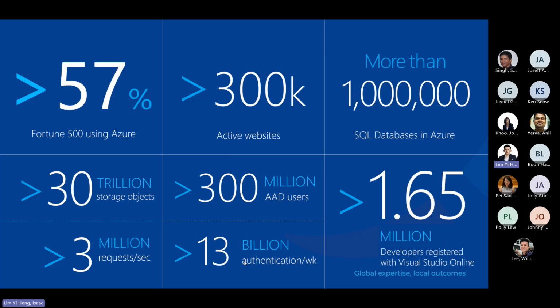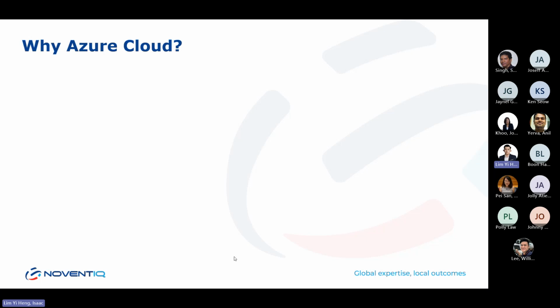Most importantly, there are more than 1 million SQL databases in Azure as well. Followed by 1.65 million developers registered with Visual Studio Online to do their test and development environments on cloud. So with all these powerful and interesting statistics, it comes to our mind to think, why do we choose Azure Cloud?